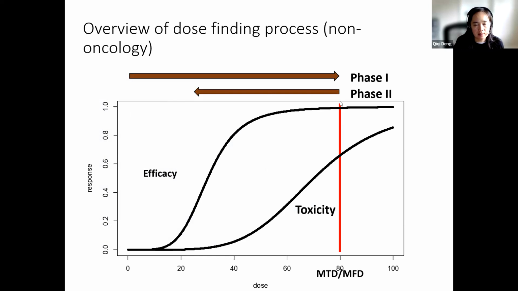The reason is that although we know the maximum tolerable dose probably has the best efficacy, maybe the adverse events associated with that are too strong and we want to find a better dose, then potentially we can find a dose that still has reasonable efficacy, but with a much improved toxicity profile. So that's the purpose.